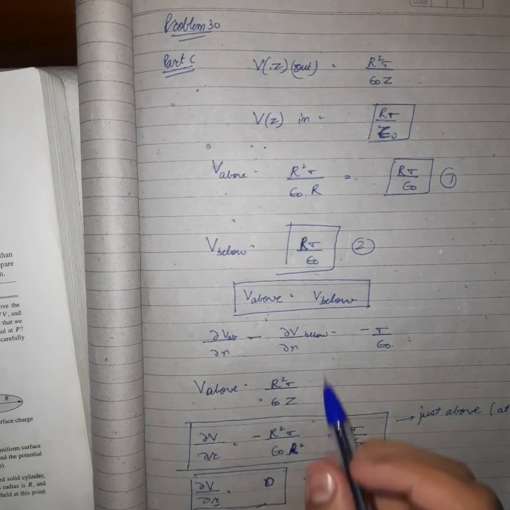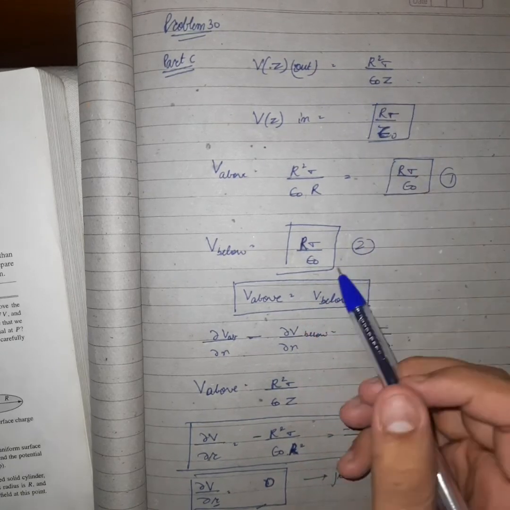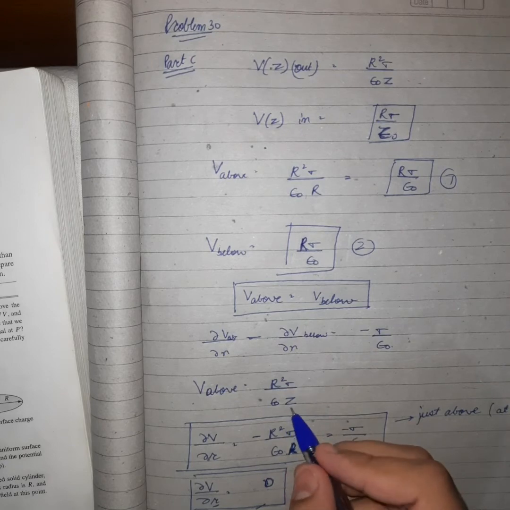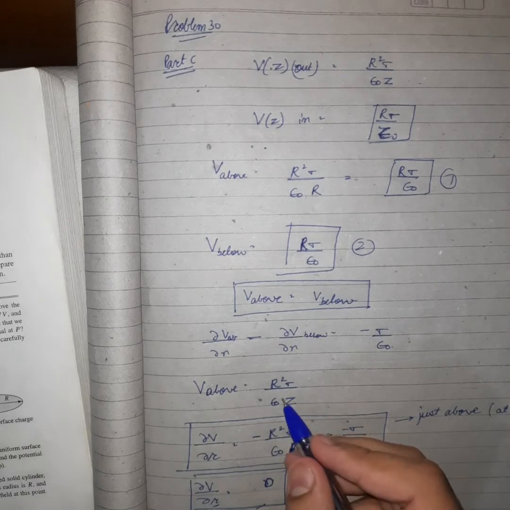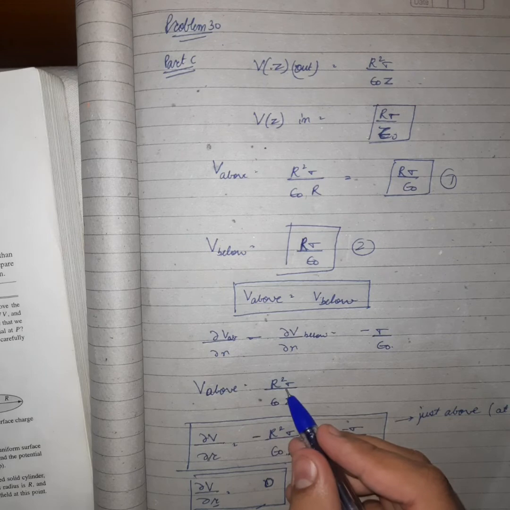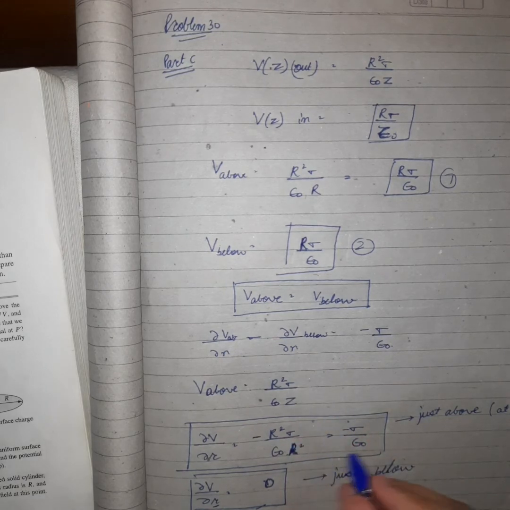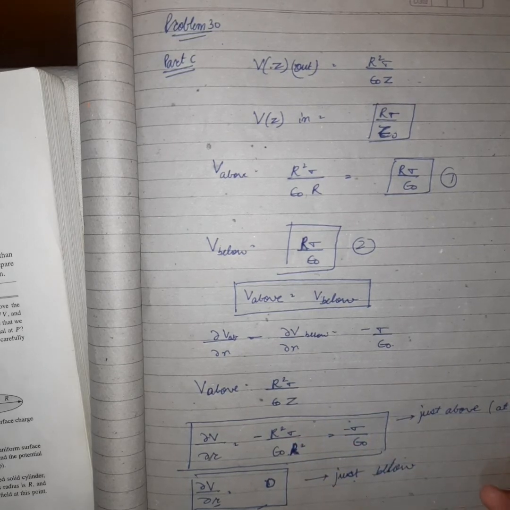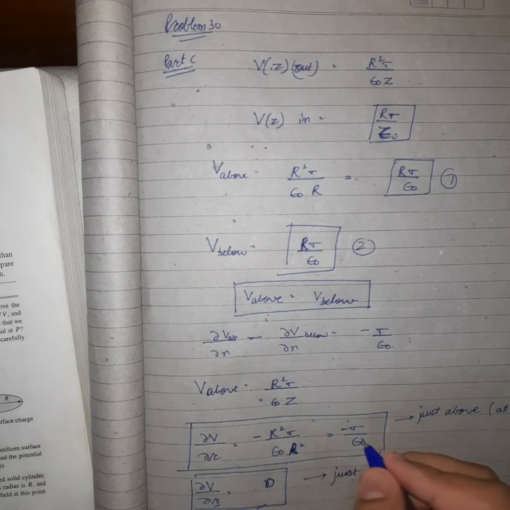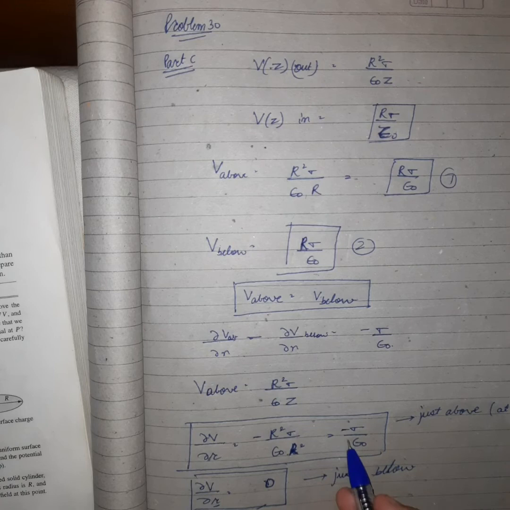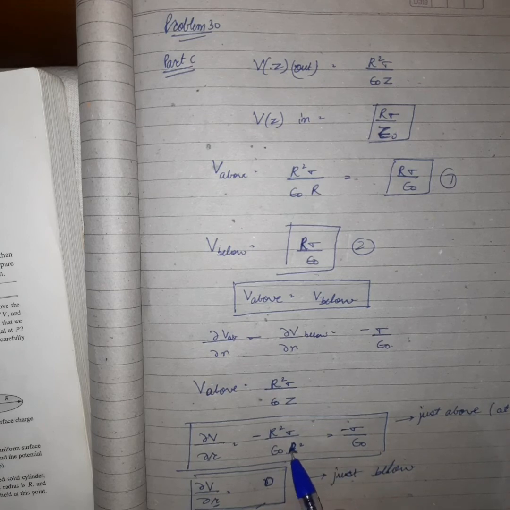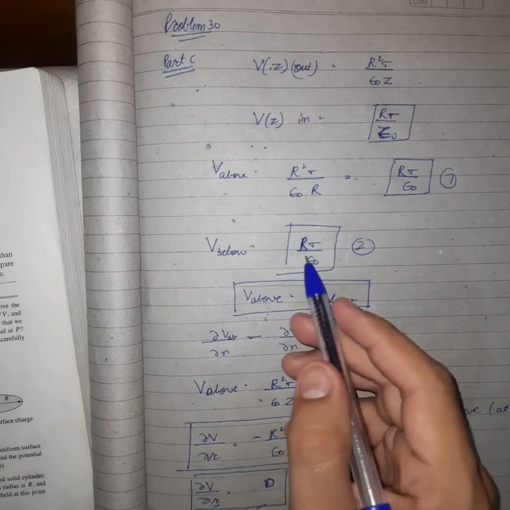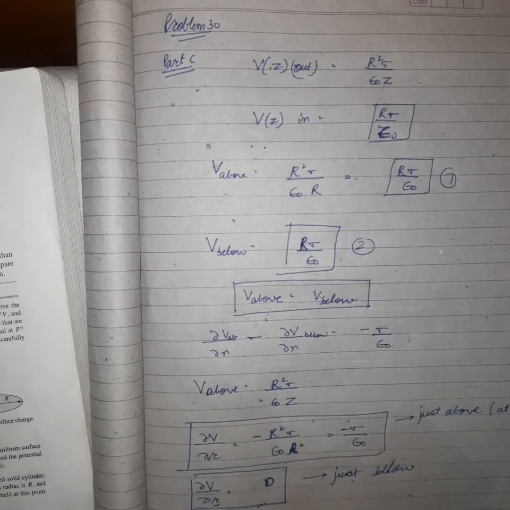But in the other case, when we differentiated this term, putting z as R and then replacing r by R, we get it because we have to calculate the potential derivative at the surface. So that is why we put r as R there, but we cannot put r as R here because R is constant here.